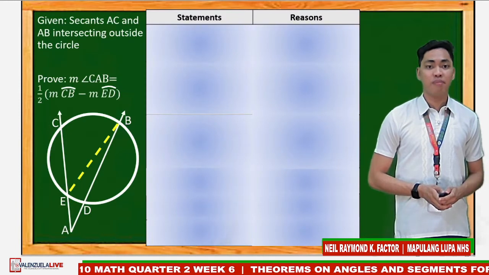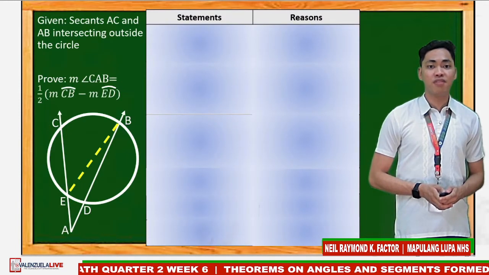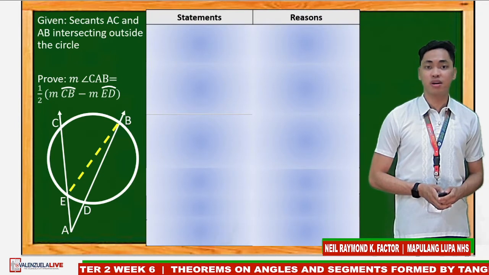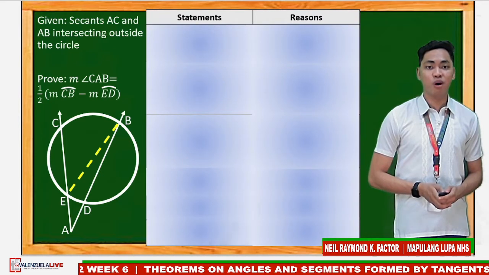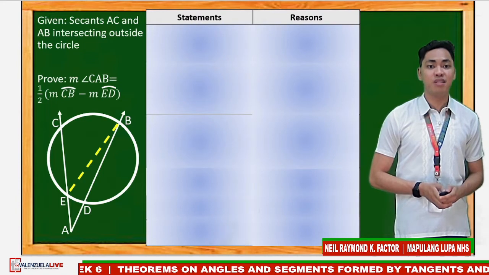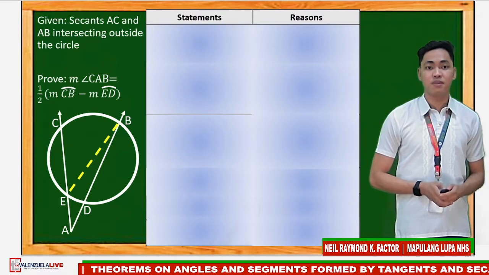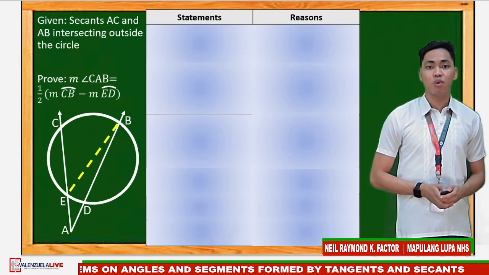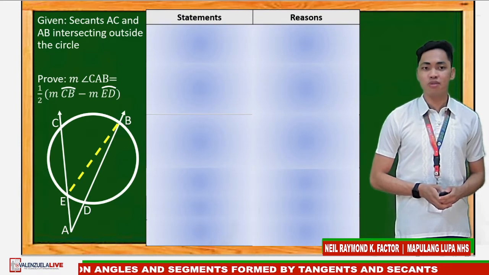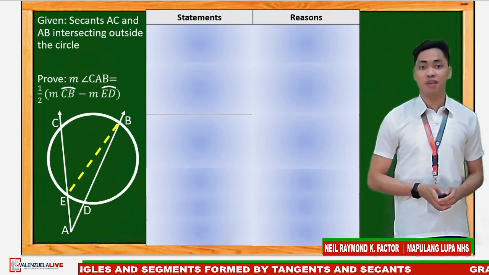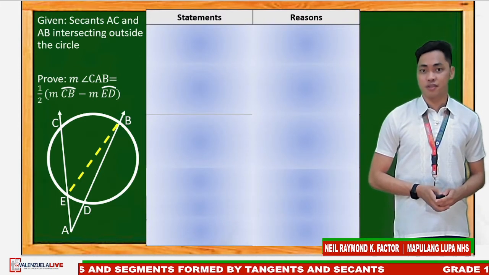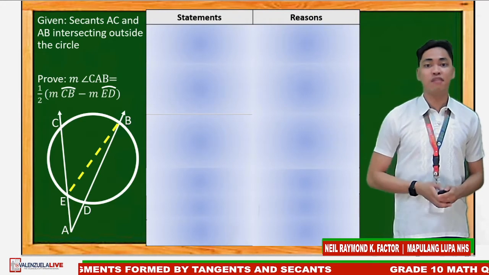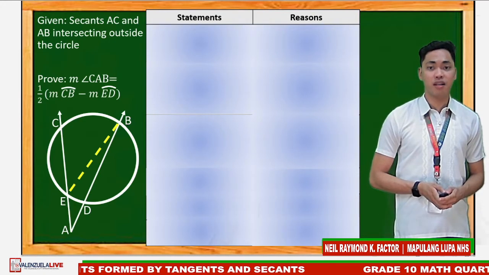So again, we want to prove the given theorem that when two secants intersect in the exterior of the circle, the measure of the angle formed is 1/2 the difference of the intercepted arcs. Specifically, the measure of angle CAB is 1/2 the difference of the intercepted arcs, or that is 1/2 the difference of arc CB and arc ED.